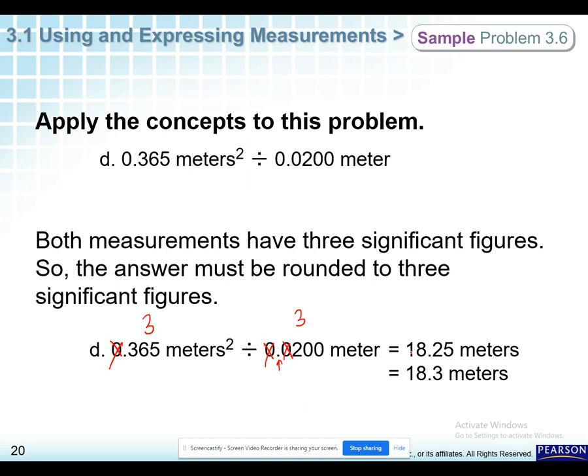So when I divide these, I get 18.25, but I can only have 3 sig figs. So I keep the 1, I keep the 8, and then 2 is my last one I'm allowed to have. I have to look at this 5 and see if it can round up. Since this is 5 and greater, it rounds up to be 18.3.